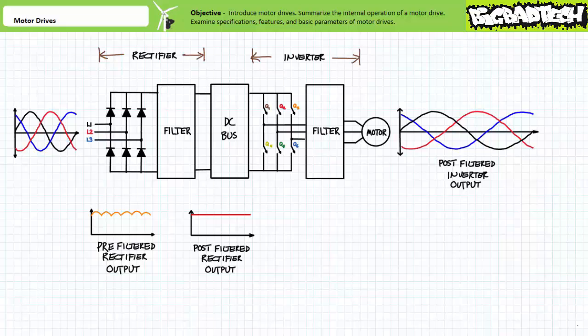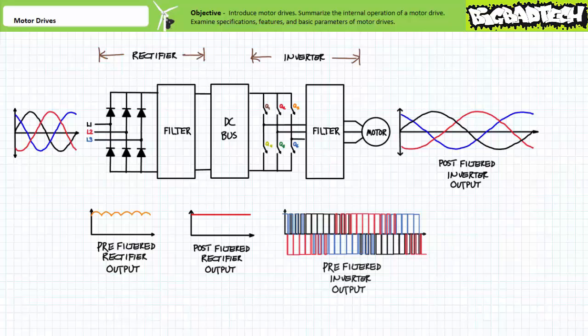The other half of the motor drive, the inverter, can also be modeled as having two distinct stages. One being the inverter itself, the part that changes the incoming DC into three-phase AC with a variable magnitude and frequency, the other being the filtration circuit that cleans up this stage's respective output. The inverter, in summary, can be viewed as a collection of high-speed solid-state switches that selectively connect or disconnect the DC link for various amounts of time and with a given polarity.